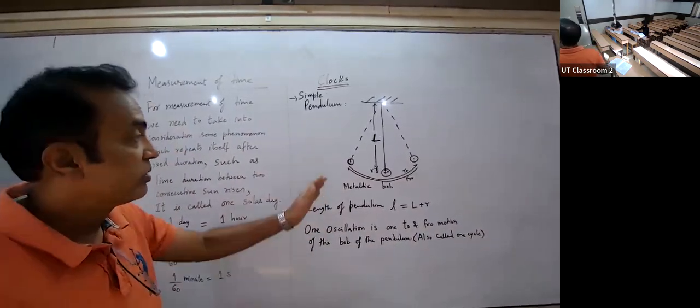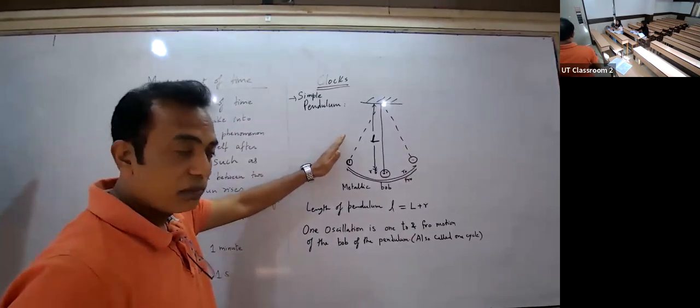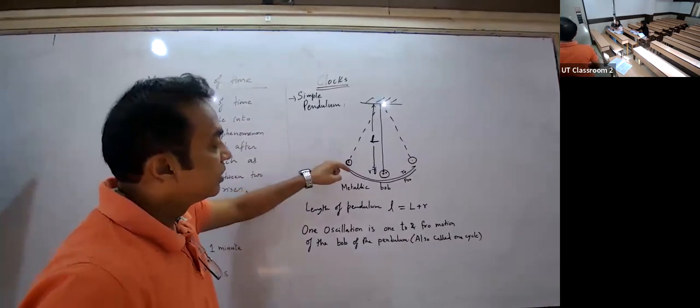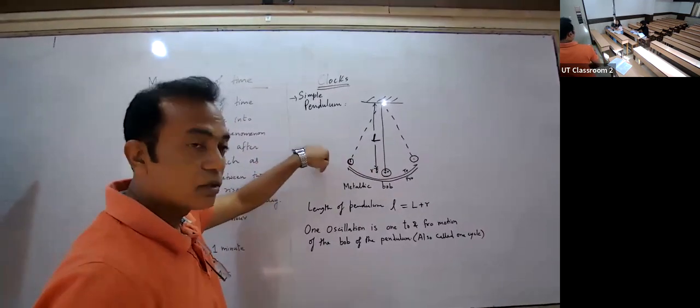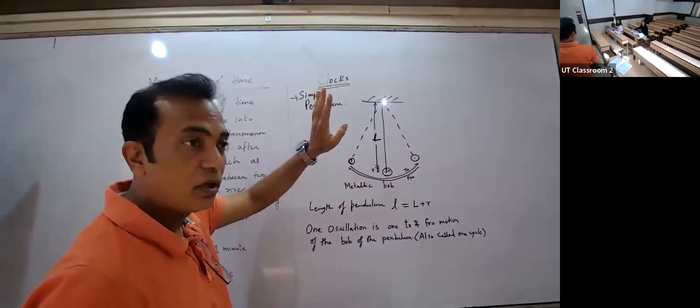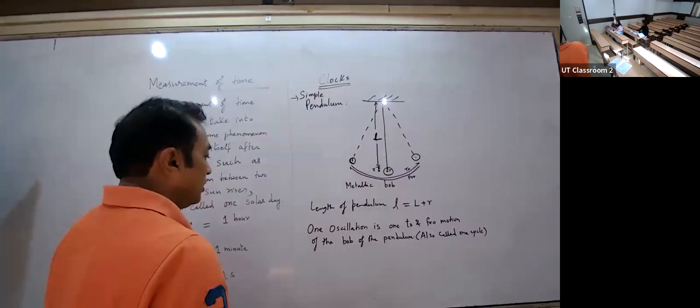It is observed that when you conduct the experiment, this one oscillation time is always the same. It is called the time period.